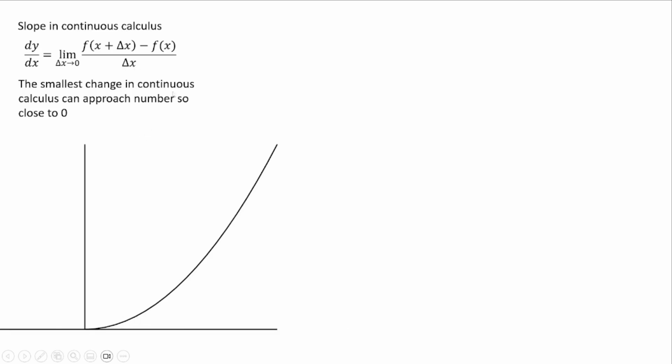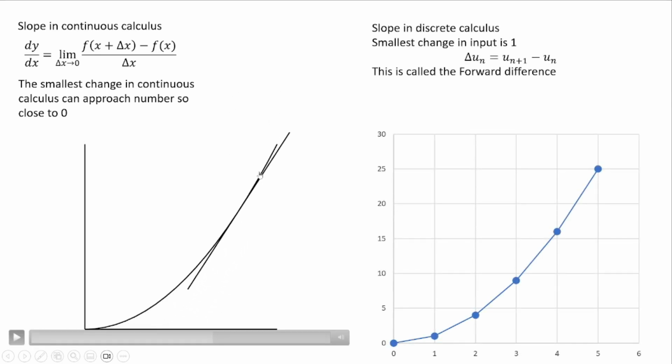The change in input can be as small as 0.01, 0.001. We will always find another change that is smaller than what we chose, so we take a limit as this change approaches 0. Like this graph, the slope here gives us the tangent line.